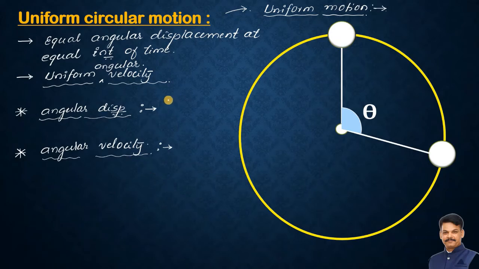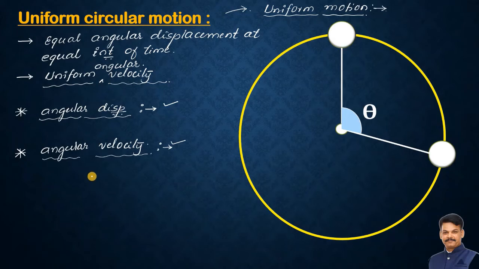So, you can define uniform circular motion in two different ways, using the angular displacement as well as the angular velocity. Hope you got these terminologies clear.